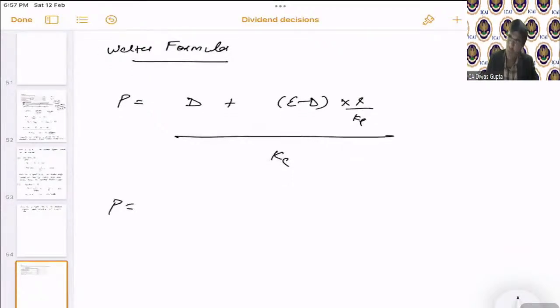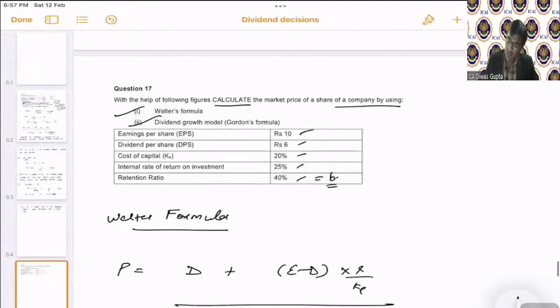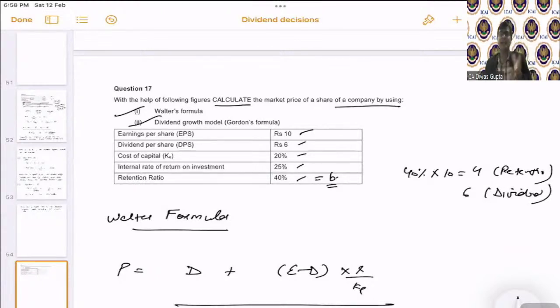Now let us put the numbers here. P is equal to 6 is the dividend, right? Because 40% multiplied by earnings of 10 is 4, which is the retention. If 4 we are retaining, 6 is what the dividend is. Right, students?